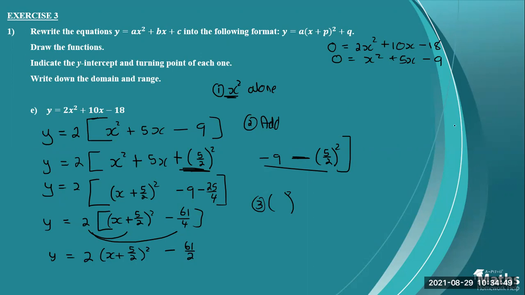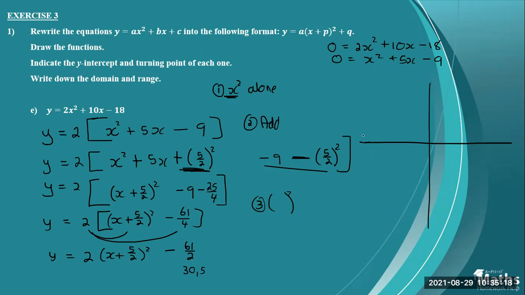Right, now let's draw it. So if you look at 61 divided by 2, it's going to give you 30 and a half. So I'm just working with 30 and a half just for me so that I can have proper values when I draw it. So the first thing, indicate the y-intercept and the turning point.